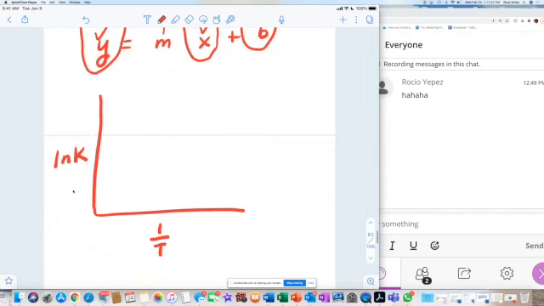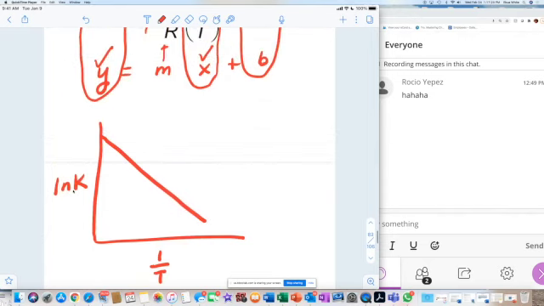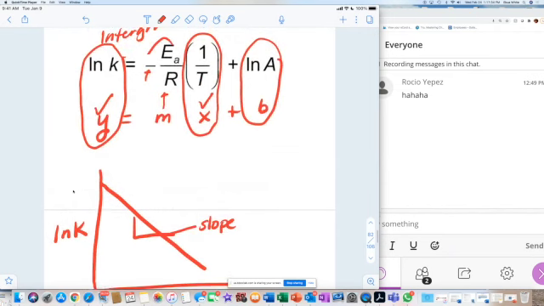So I'll just draw my line this way. I forgot to title it. I'll do that in the end. Okay, my slope, I'll just call this slope, has to match this right here. My slope is going to be equal to negative EA over R.